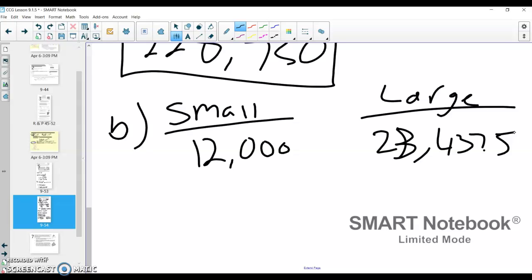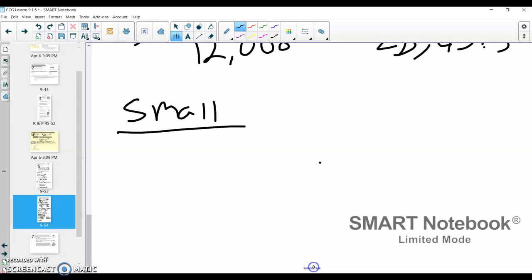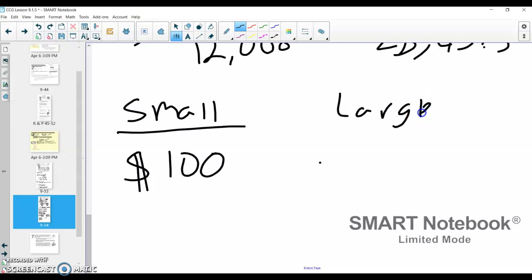Think about if the small barrel cost, and this is just numbers I'm going to come up with, they didn't tell us this, $100. A 50% price increase on that means the large barrel would cost $150. That's a 50% price increase.